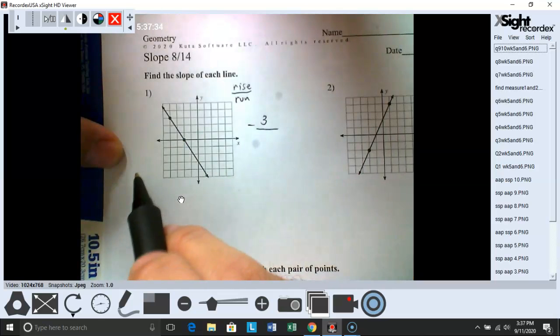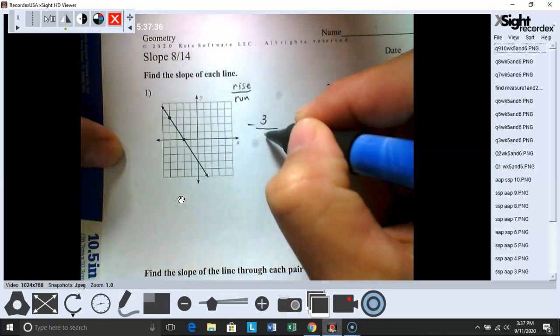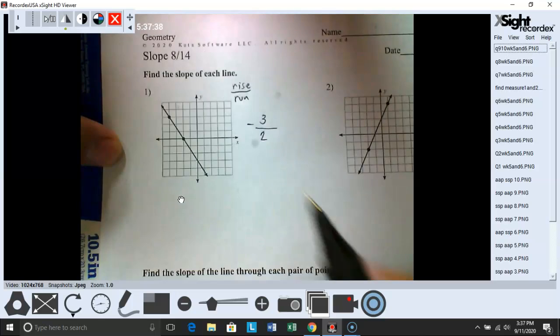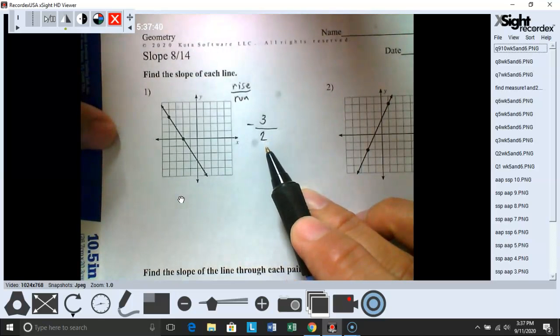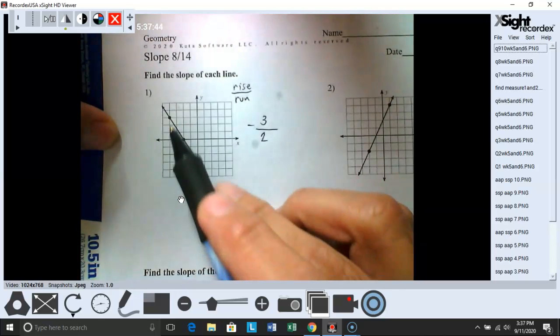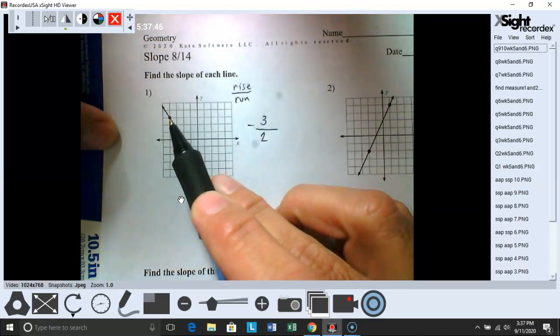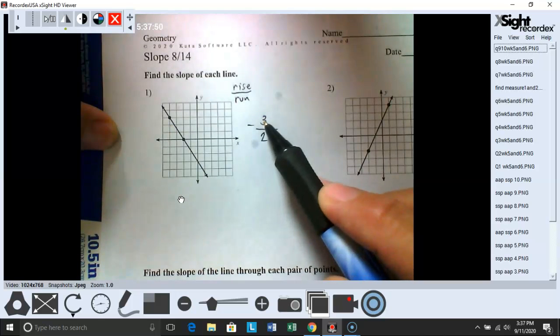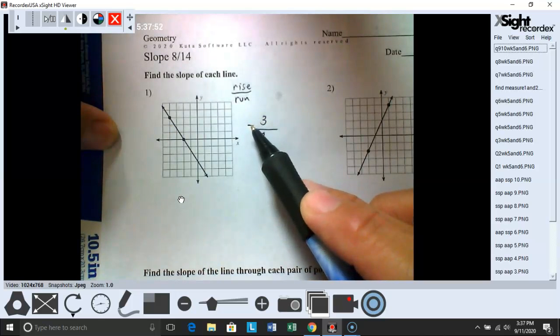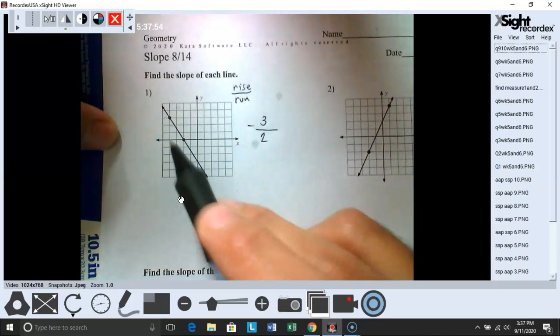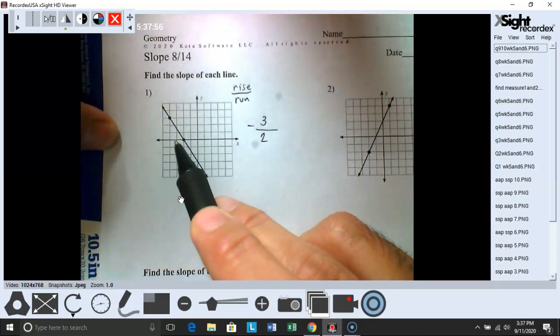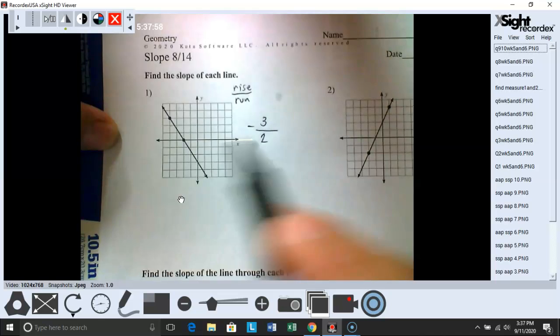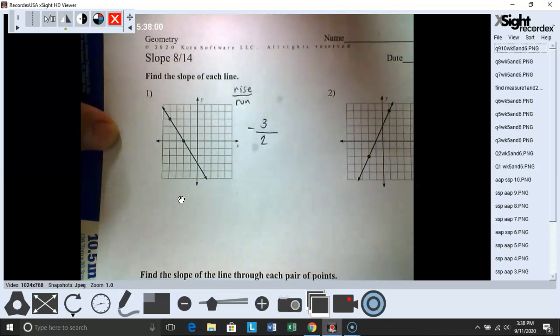Since we went right here, we use a positive number. Therefore, our slope is negative 3 over 2. Okay, so again, you count from here. You count 1, 2, 3. That's why we have 3 here. We got a negative sign because we went down. And then for your run, 1, 2, you get 2. It's positive because we're going right.